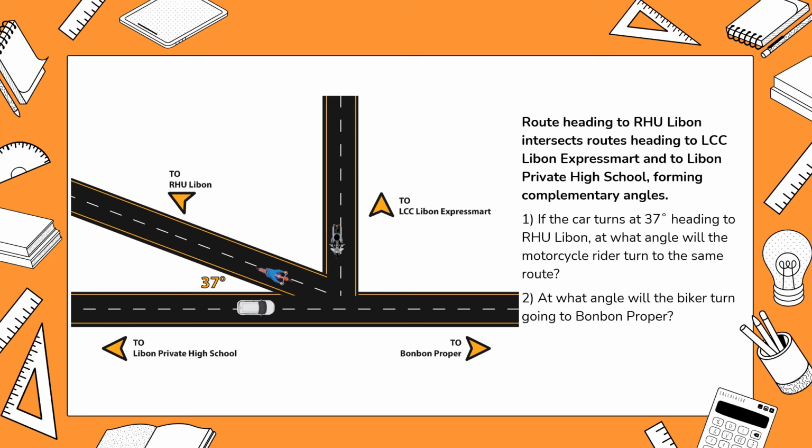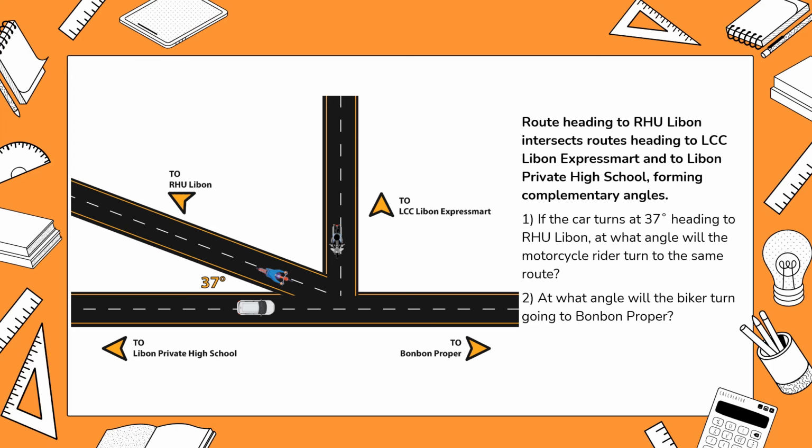Now for number 2, at what angle will the biker turn going to Bonbon proper? For number 1, since it is given already that the route heading to RHU Libon intersects routes heading to LCC Libon Express Mart and to Libon Private School, forming complementary angles.